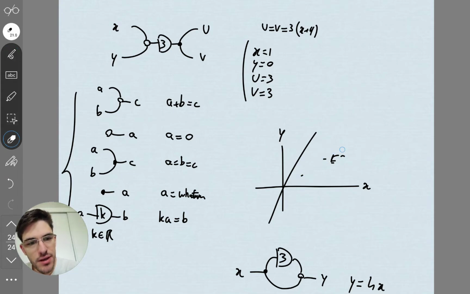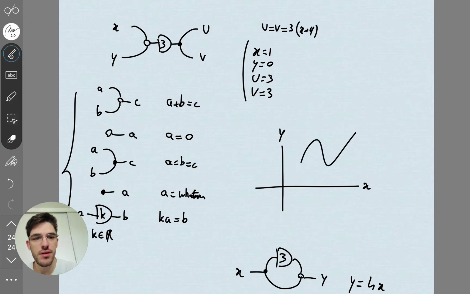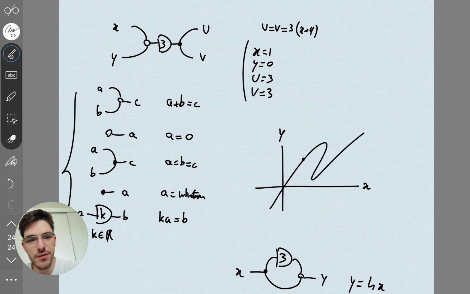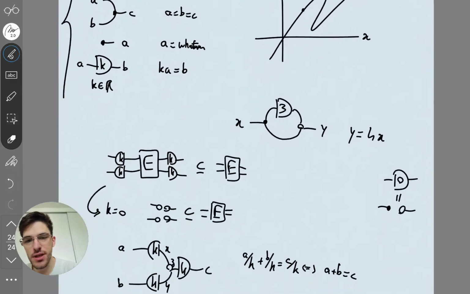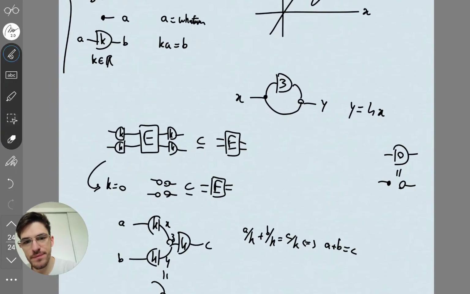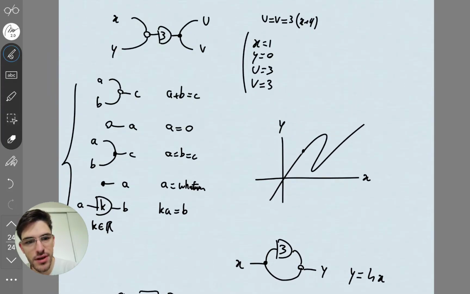So a set like this definitely doesn't work. It needs to contain 0. So maybe a set like this, well, no, because we need to be able to scale it. So this point is in it, and the rule here tells me that therefore this point must be in it.